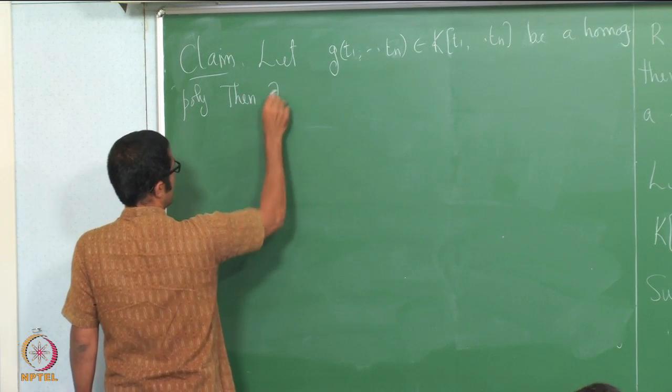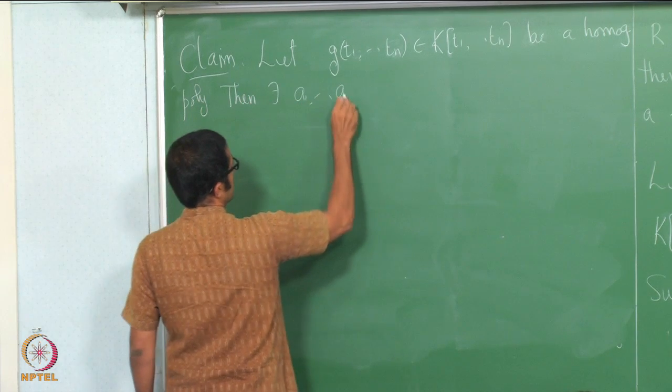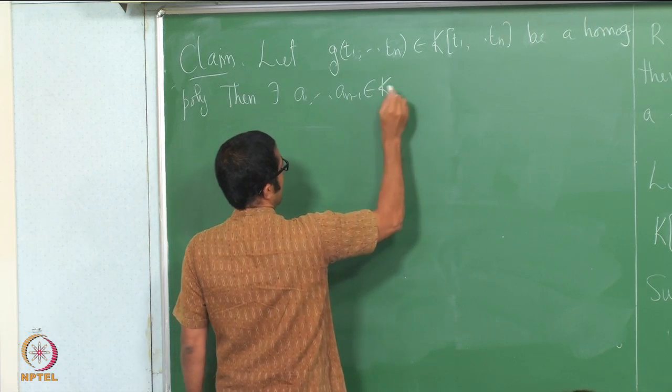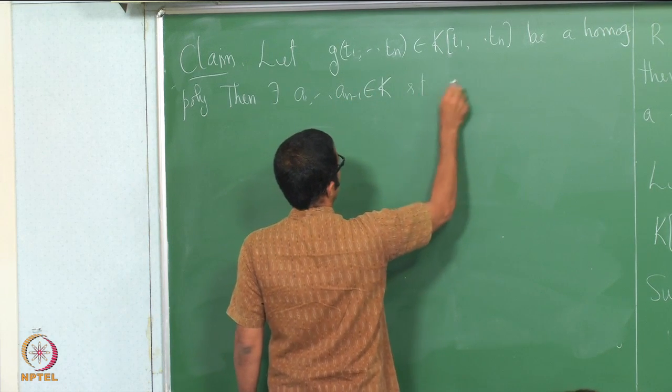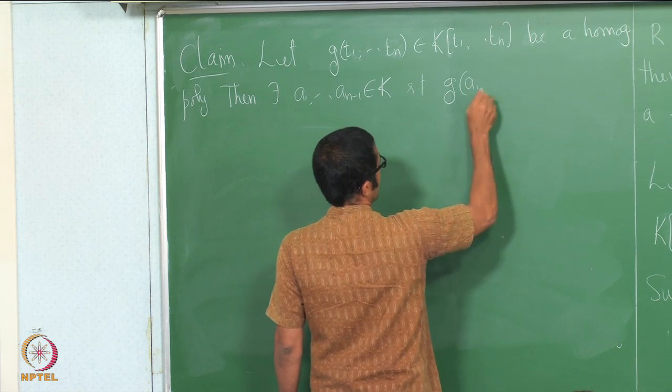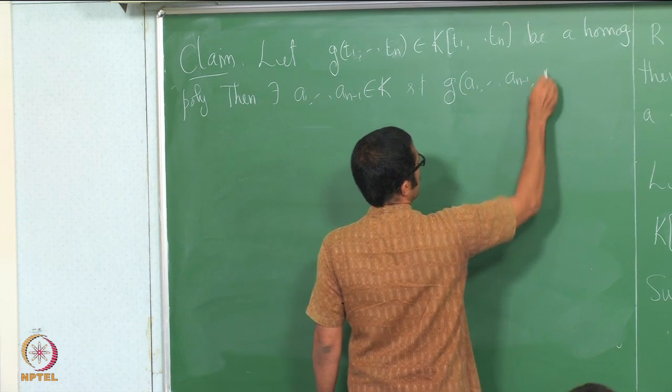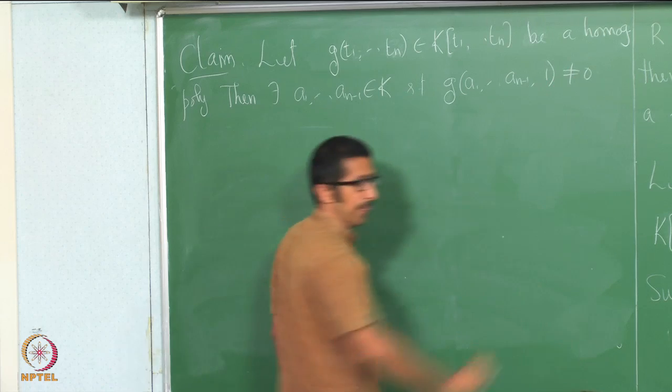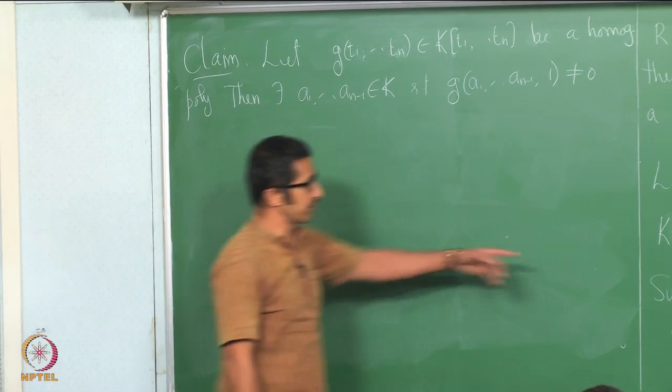Then there exists a1 up to a_{n-1} in k such that g(a1 up to a_{n-1}, 1) is non-zero. That is precisely what we want to prove here.